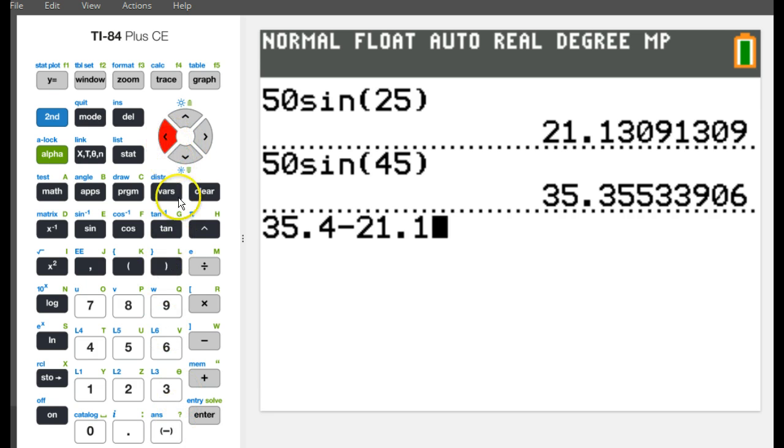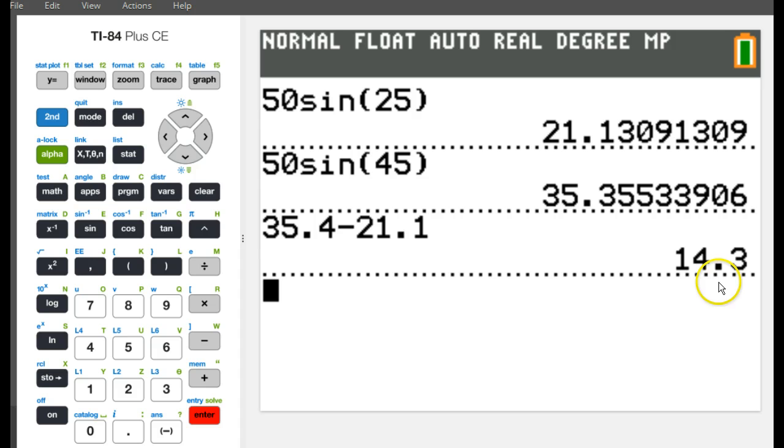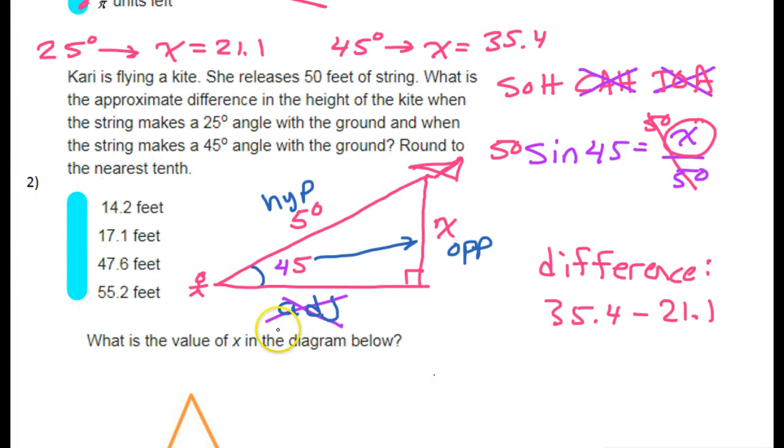So that's 14.3. I see 14.2 right here. That's probably the answer. Maybe whoever made this key rounded at the very end instead of rounding along the way like I did. So that's so close, I'm sure that's the answer.